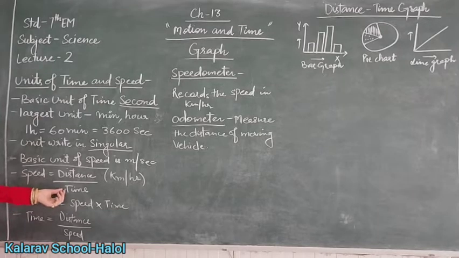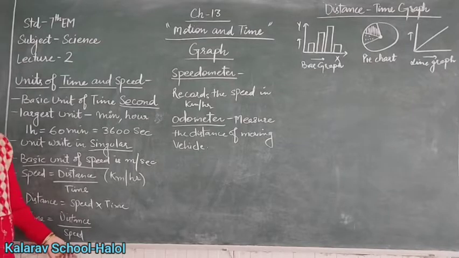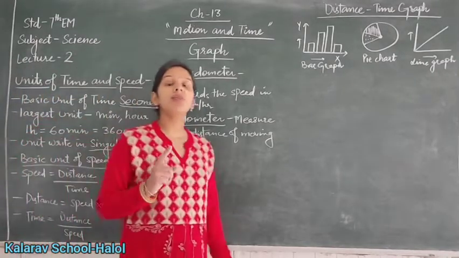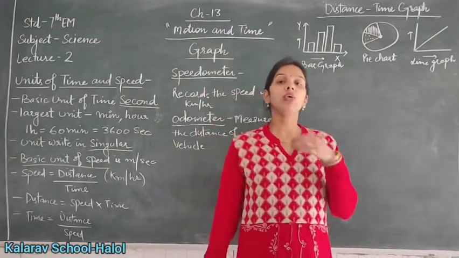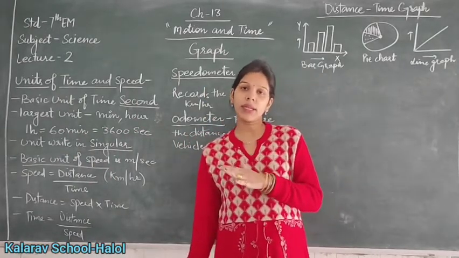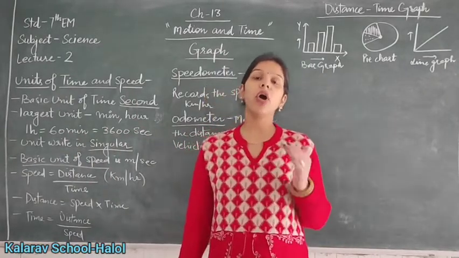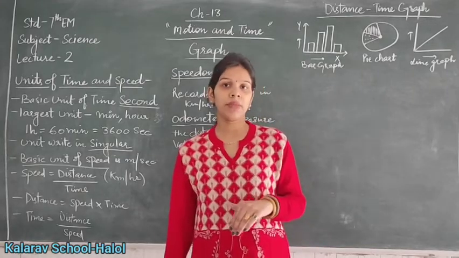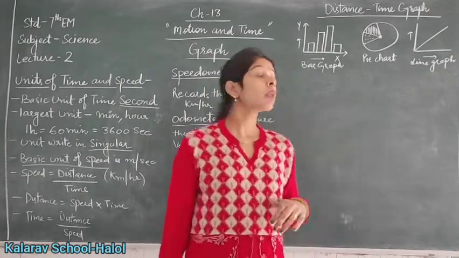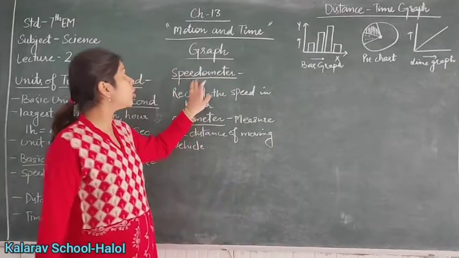For time, time goes there, speed goes there, so what we got is time equals distance upon speed. So in this way, one formula can help to calculate the three quantities which measure each other. Is that clear?